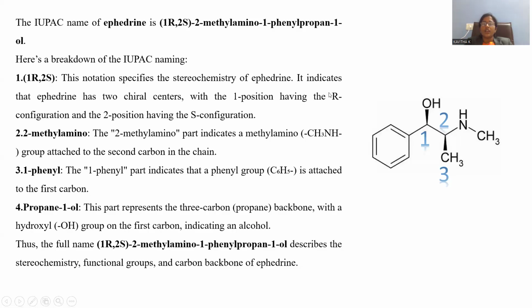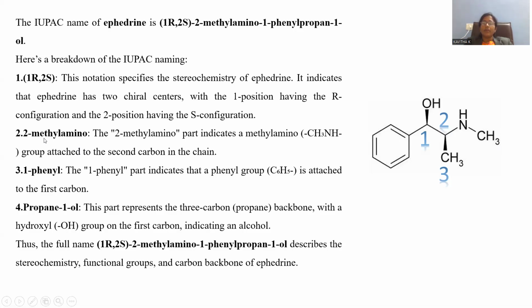At the first position, we can observe R configuration. At the second carbon atom, S configuration is noticed. RS is the notation over the first and second carbon atoms. And if you observe the second carbon, there is a nitrogen, upon which you can notice one methyl, so we can say on the second carbon we have N-methyl amino.